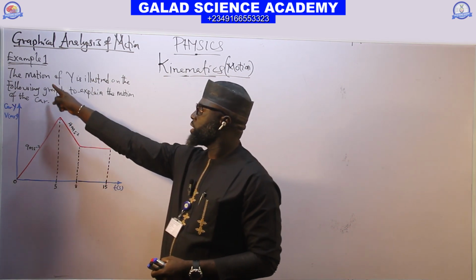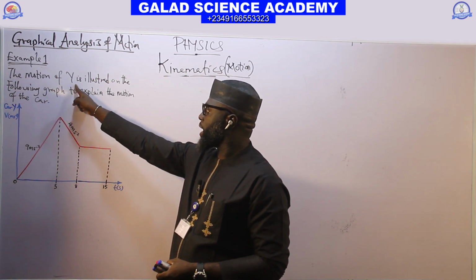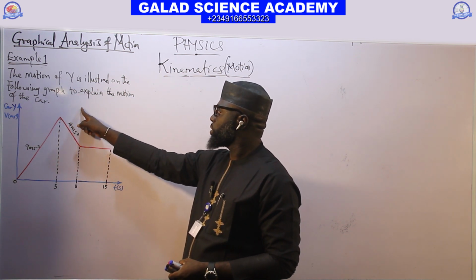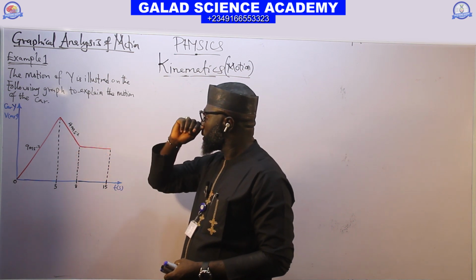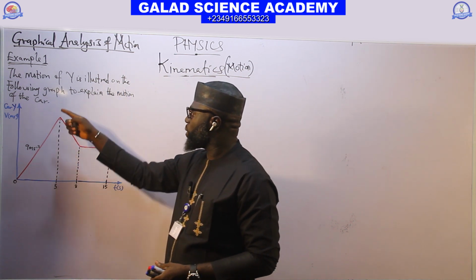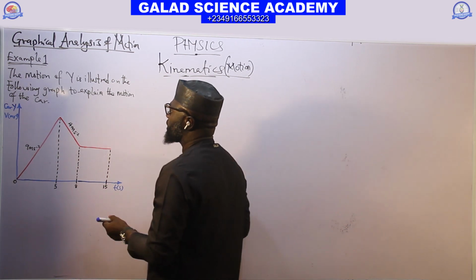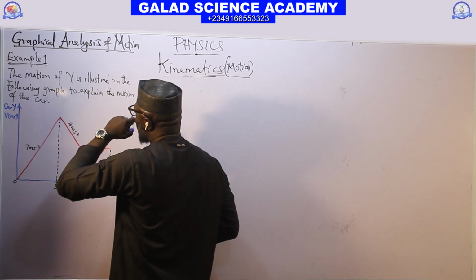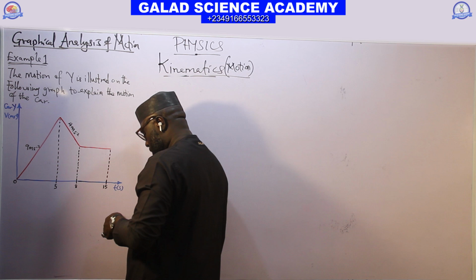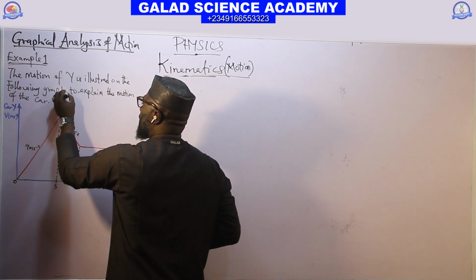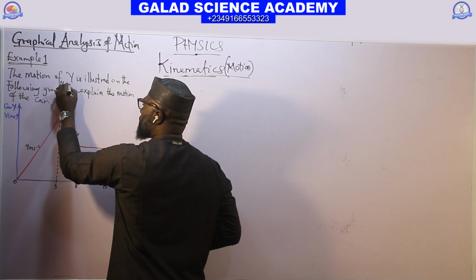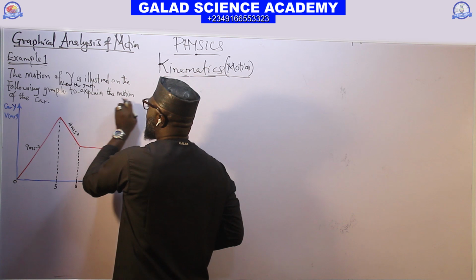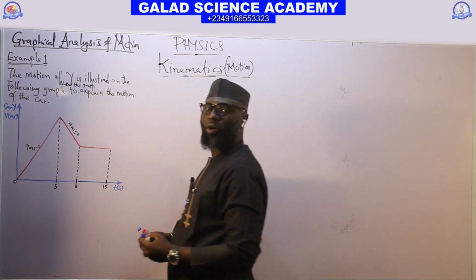The question says: the motion of car Y is illustrated on the following graph. Use the graph to explain the motion of the car.